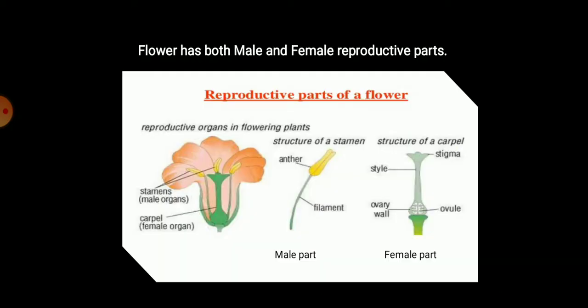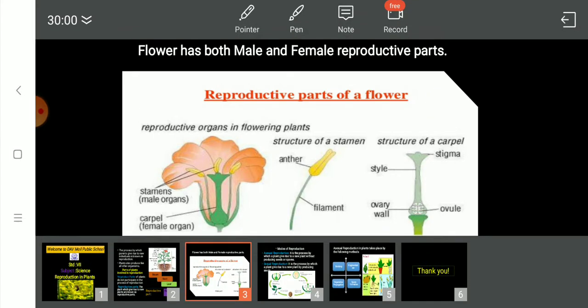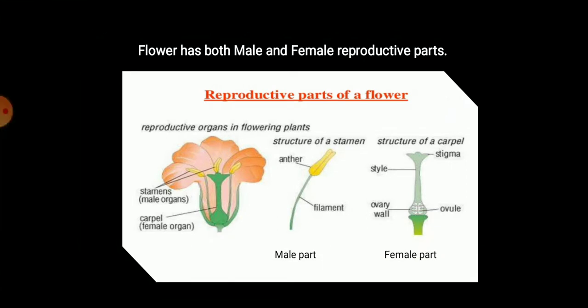Now we have to analyze what exactly this flower is. As I told, the reproductive part of a plant is a flower. The flower has both male and female reproductive parts. As you can see, this is a part of a flower, and it consists of both a male and a female part.